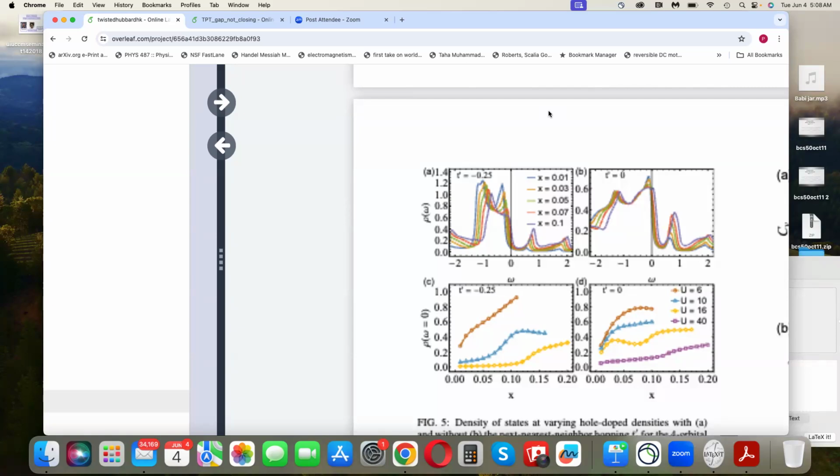Okay, we did look at that. In 2 dimensions, nesting is crucial. You don't put nesting in.